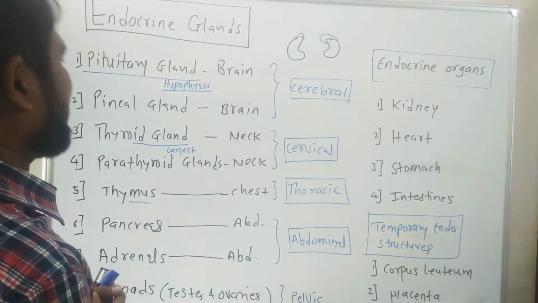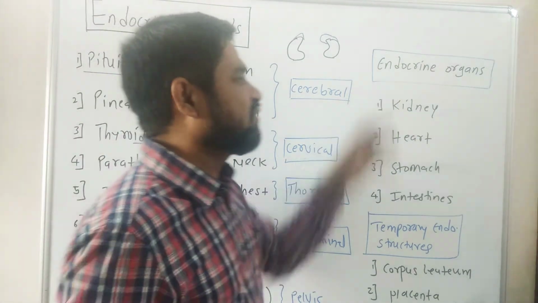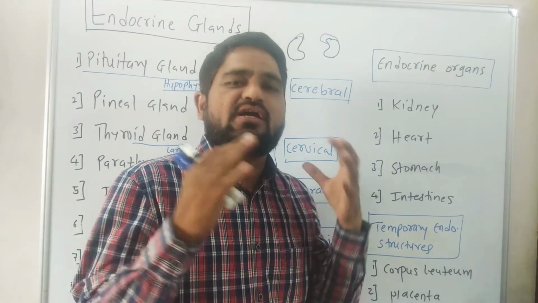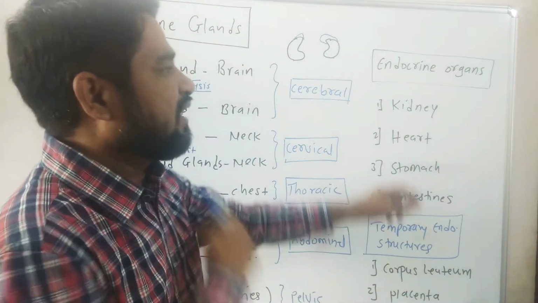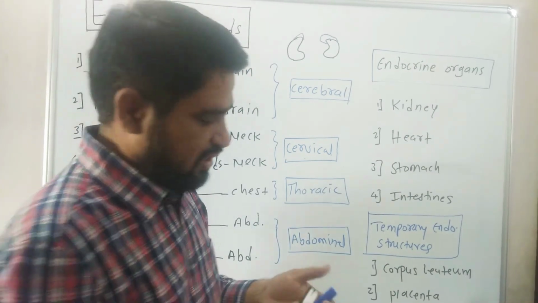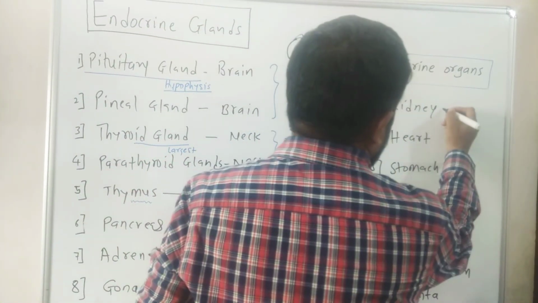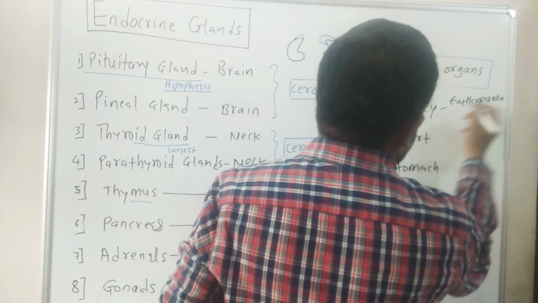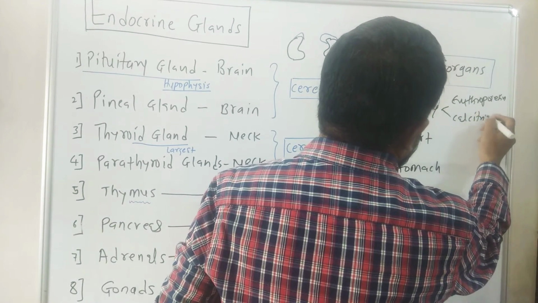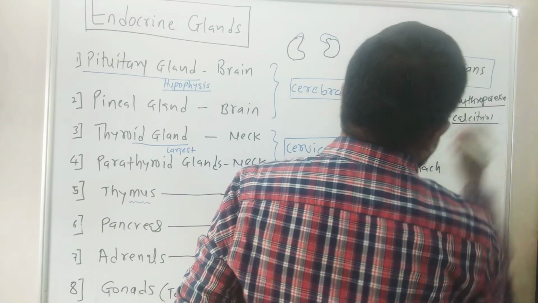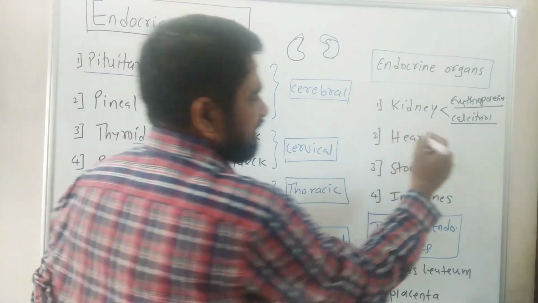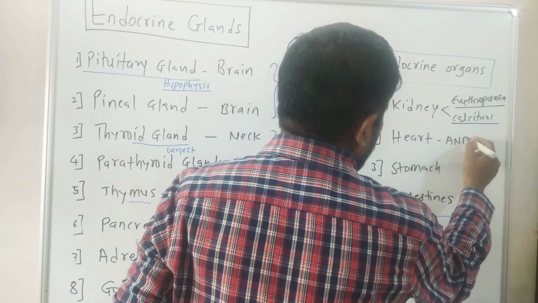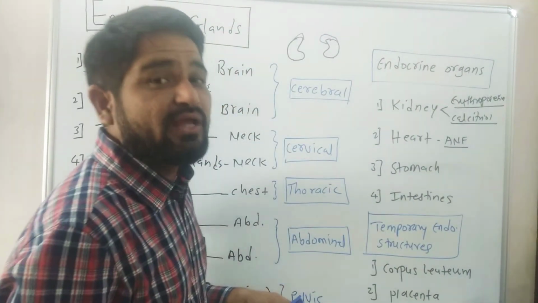So these are the endocrine glands of the body, but beyond that, there are some endocrine organs also present in our body. They don't have endocrine gland-like structures. These are diffuse organs, like the kidneys, which produce hormones, as we'll see in detail. There are 2 hormones produced by the kidneys: erythropoietin and calcitriol. The heart also acts as an endocrine organ, producing the hormone ANF, atrial natriuretic factor.